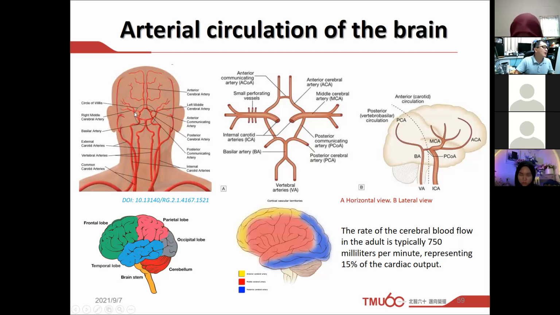I'm not going to name it. Then you can see they have different names, anterior, posterior. I'm not going to go over it. Lastly, the arteries provide nutrients and oxygen to the brain, to the cranium. And although this is a very tiny structure, per minute, 750 milliliters will go through into the brain.